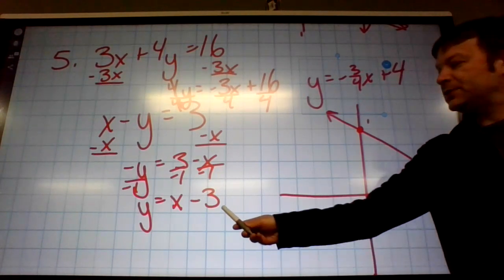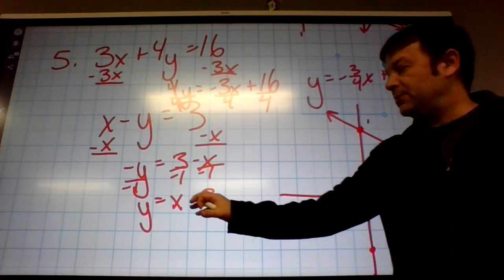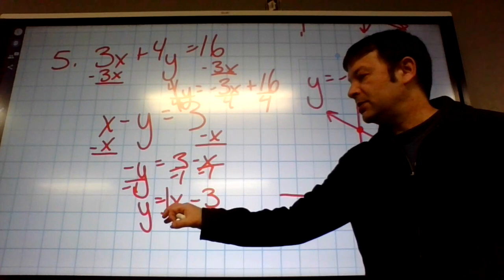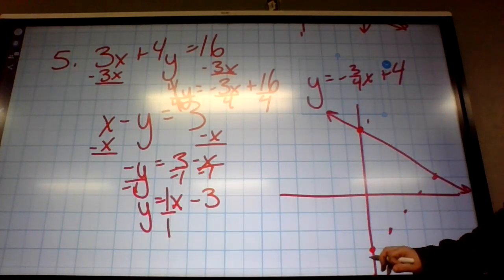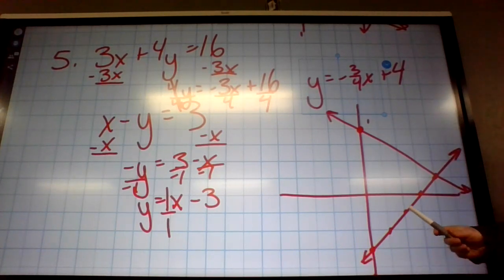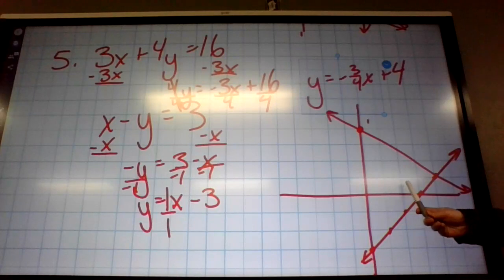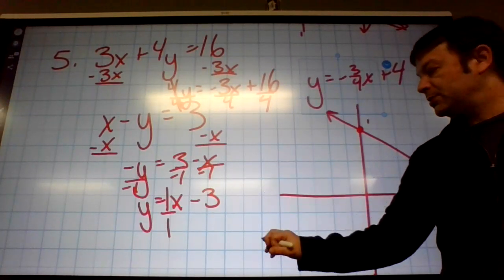And on this graph, we're going to start down 3. Then we're going to go up 1 over 1. So they meet right there. So the common solution should be 1, 2, 3, 4, 1. 4, 1.